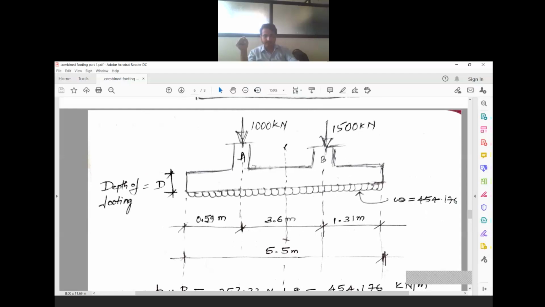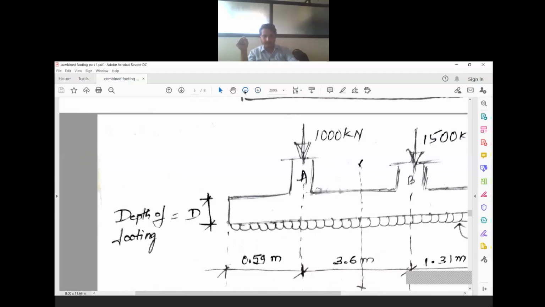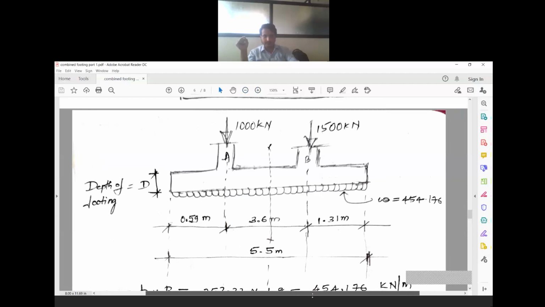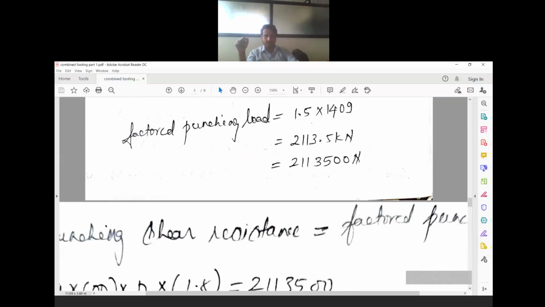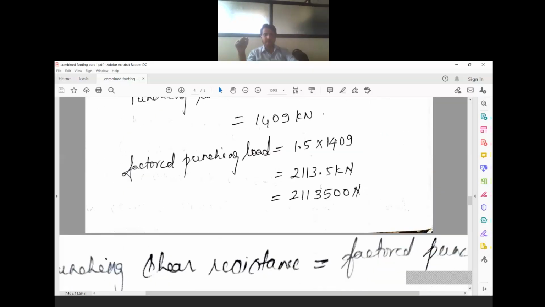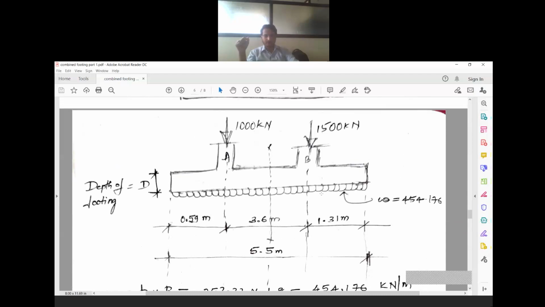Hope it is visible clearly. Okay. So today we shall start from this point. As we know, column A load is 1000, column B load is 1500, and we have an upward load intensity of 252.32 kilonewton per meter square.